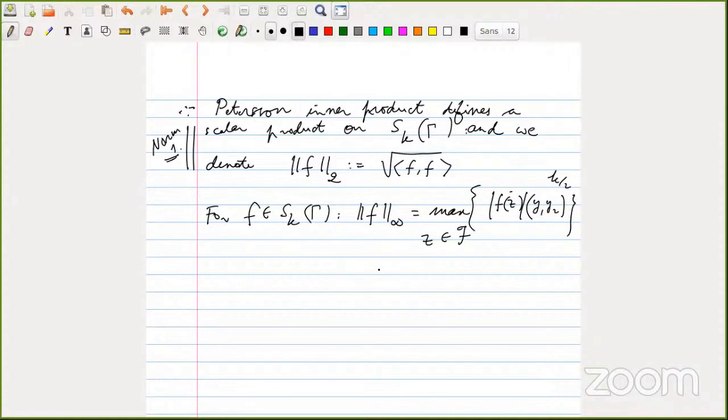This is the second norm, norm 2, and we are going to compare these two.